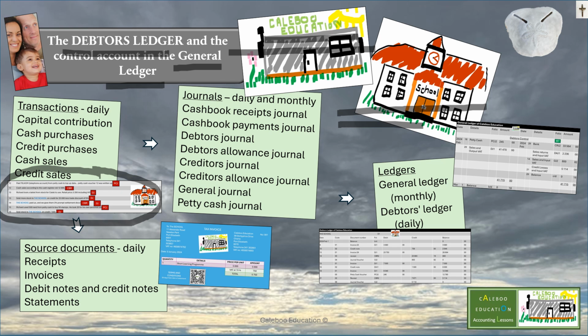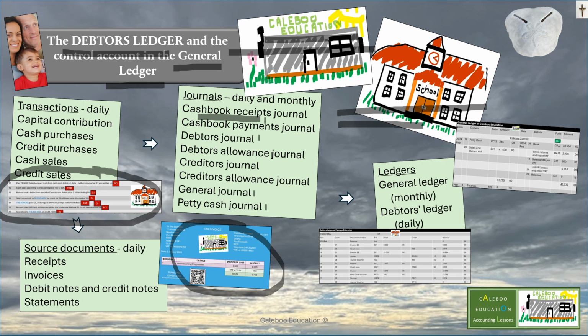We are going to once again look at the journals where those transactions were recorded. We'll look at some of the documents just to refresh, but we will look at transactions that relate to the school in the cash book receipts, the debtors journal, the debtors allowance journal. There's a transaction in the general journal and also a transaction in the petty cash journal.